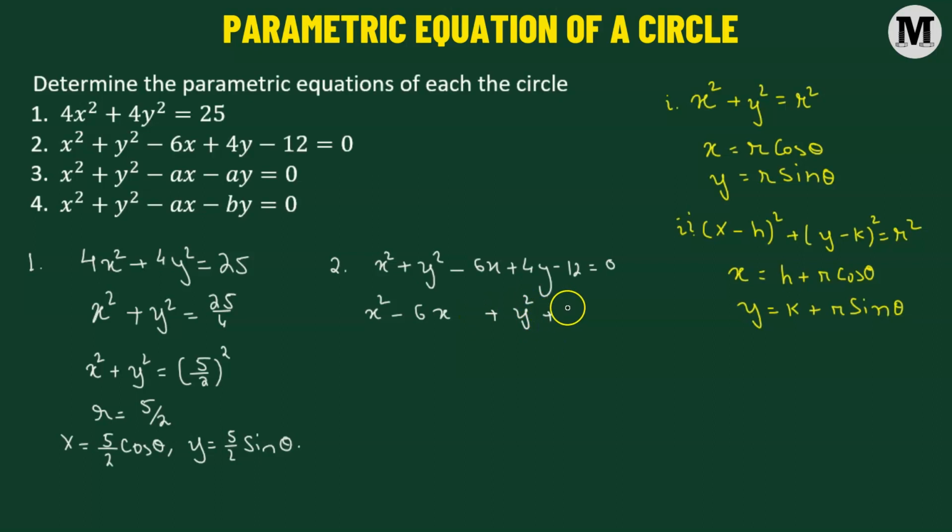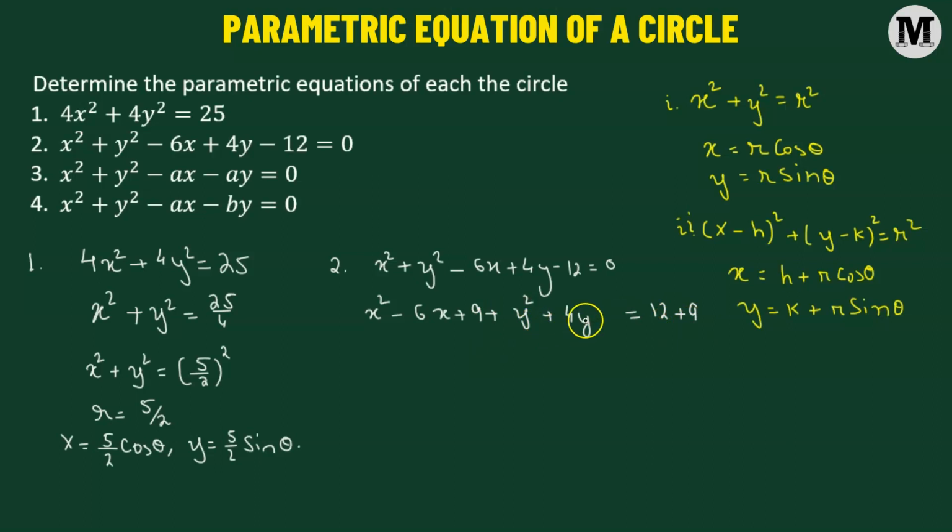We have y squared plus 4y, and then we will transpose this negative 12 to the right hand side to get positive 12. The reason why we combine the x terms together is because x squared minus 6x can be converted into a perfect square if we add 9 to it and then subtract 9 from it. So 9 is an extra term here. We have subtracted it, but instead of subtracting, we're adding it to the right hand side.